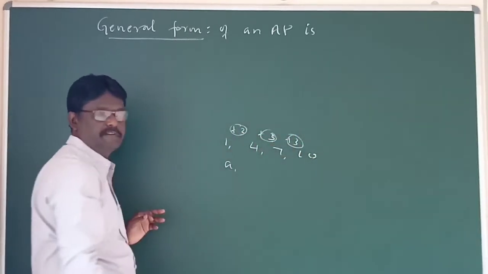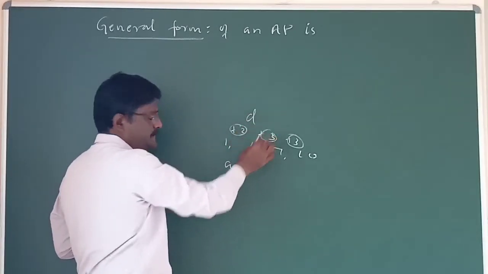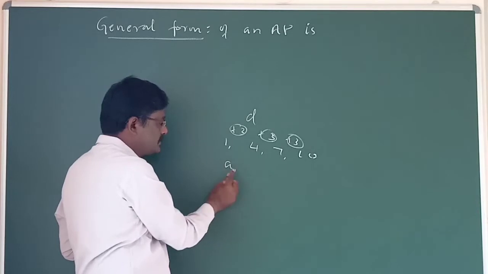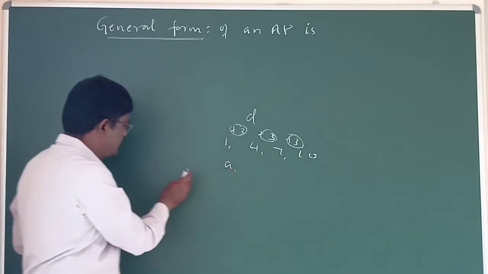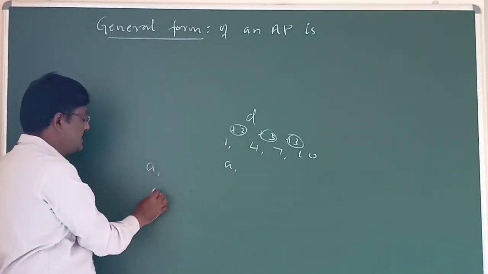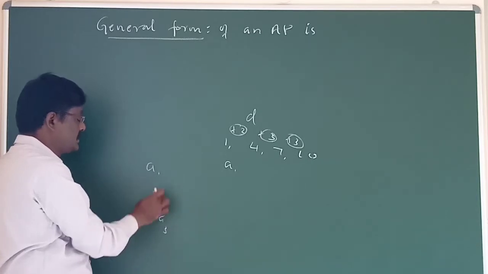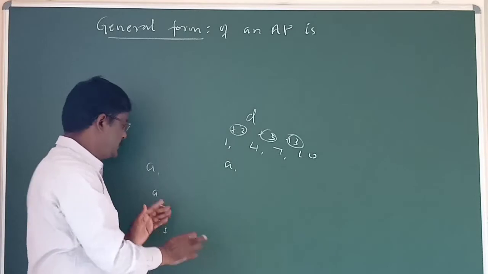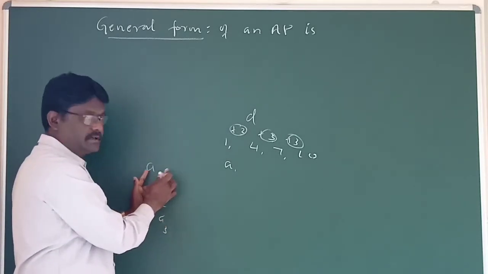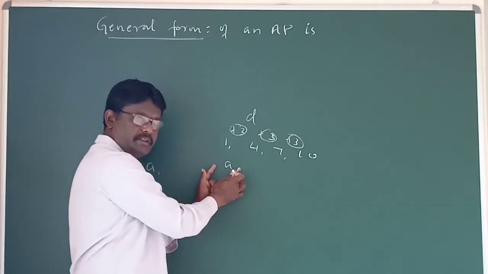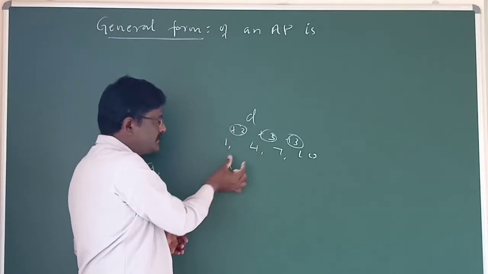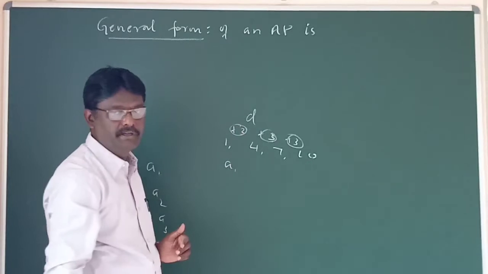This 3 we say is the common difference. Generally we say A1, A2, A3, etc. are the terms of a sequence. In case of AP, the first term A1 can also be denoted as A. If A is the first term, can you guess the second term?